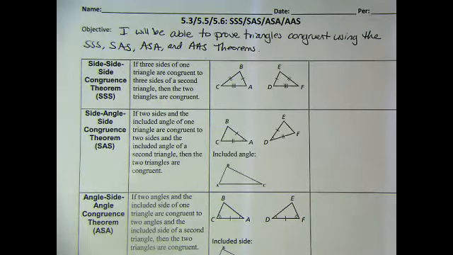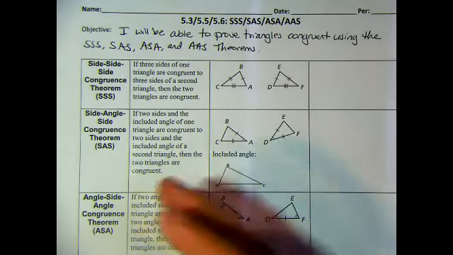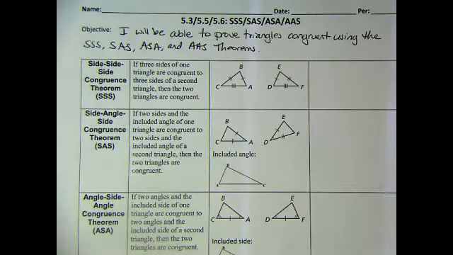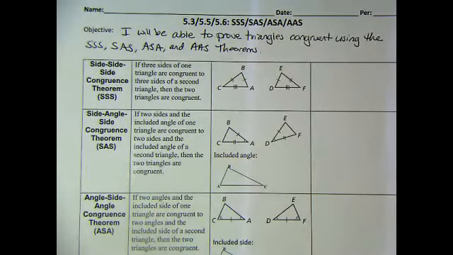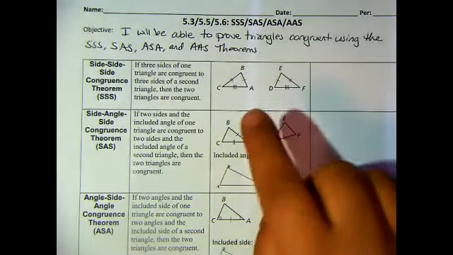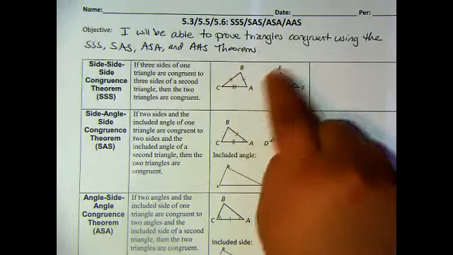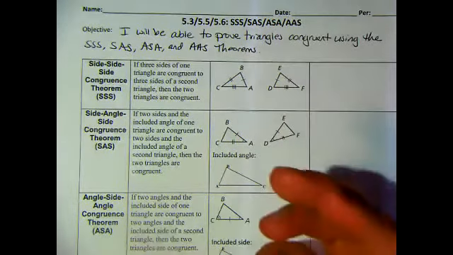Well, if those two figures are triangles, normally in order to show that things are congruent to each other, you would have to show that every single pair of corresponding parts are congruent to each other. So if I wanted to show that these triangles were congruent and I didn't have these theorems, I would have to show that each one of these corresponding sides are congruent to each other.